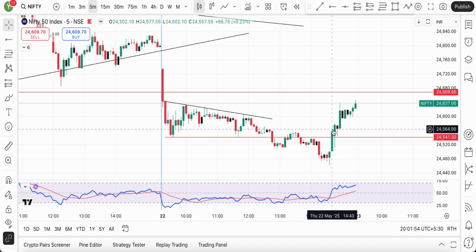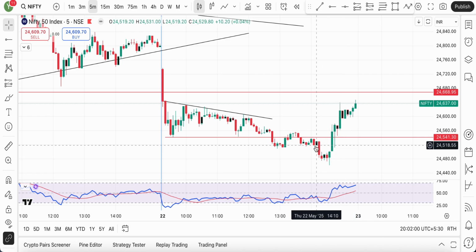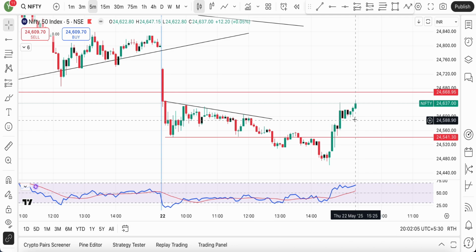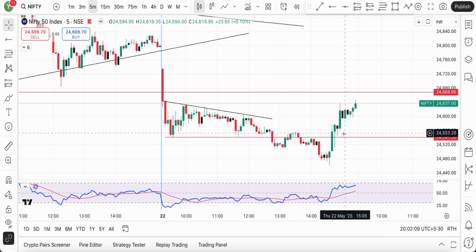exit their positions. So today, on the support side, there was heavy put writing at 24,500, and on the upside, there was heavy call writing at 24,600, 24,700, all these places.